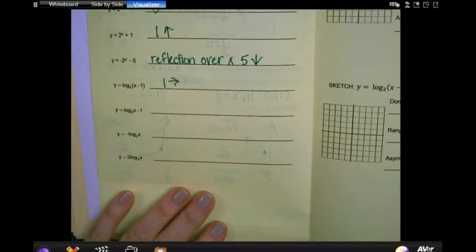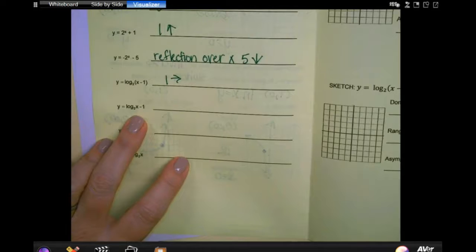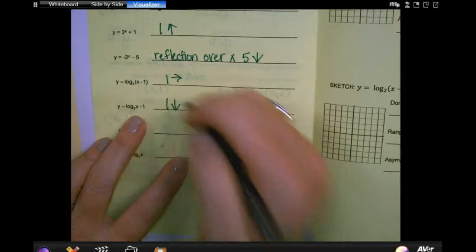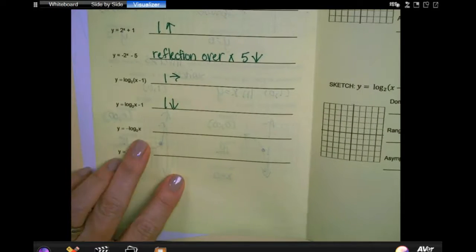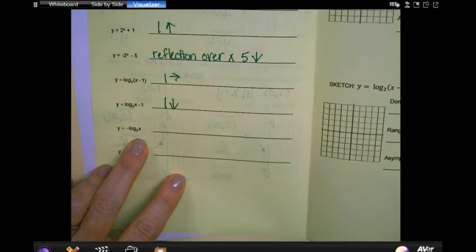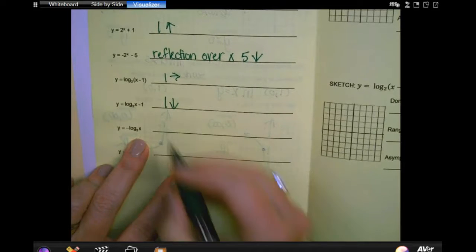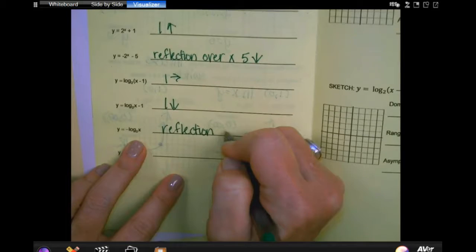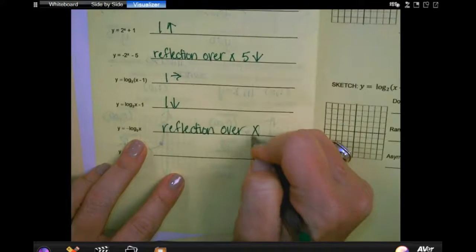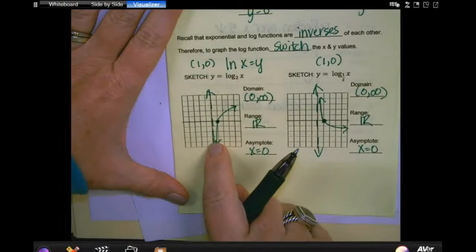So log base 2 of x minus 1. So this is down 1. Does that shift your asymptote? It doesn't. Minus log base 2 of x. This is a reflection over the x. So it would take this, and what would it do?